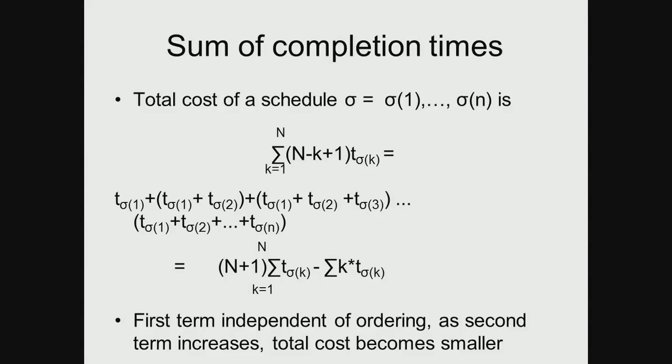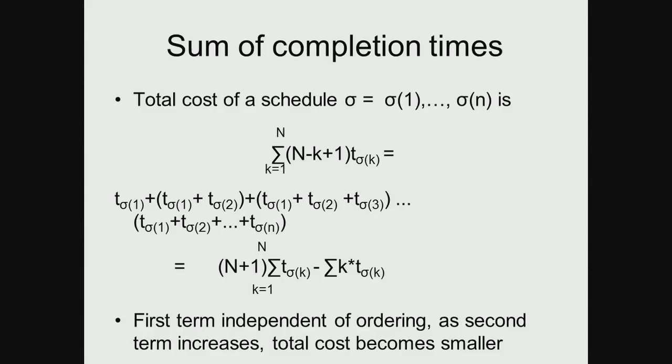Now, let us look at the sum of the completion times. The sum of the completion times is written as a first formula where there are n jobs, and let us observe that the time taken by the first job, that is the job sigma of 1, will be counted.